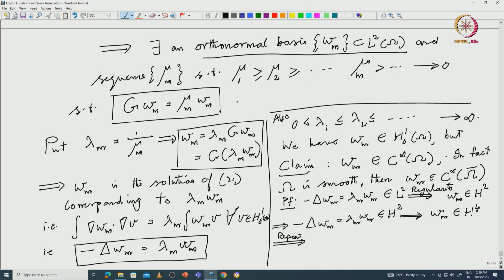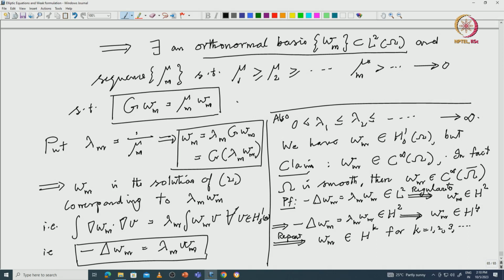Once you repeat it, you get Wm is in Hk for all k equal to 1, 2, 3, etc. Of course, you get H2, H4, and so on, and you will get all the other Hk as well.